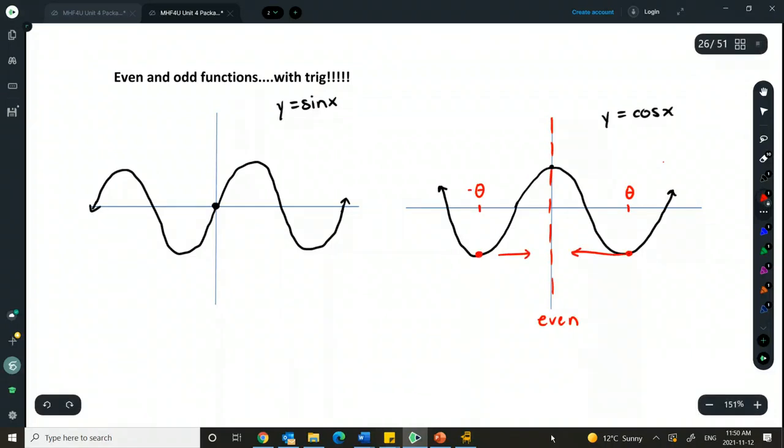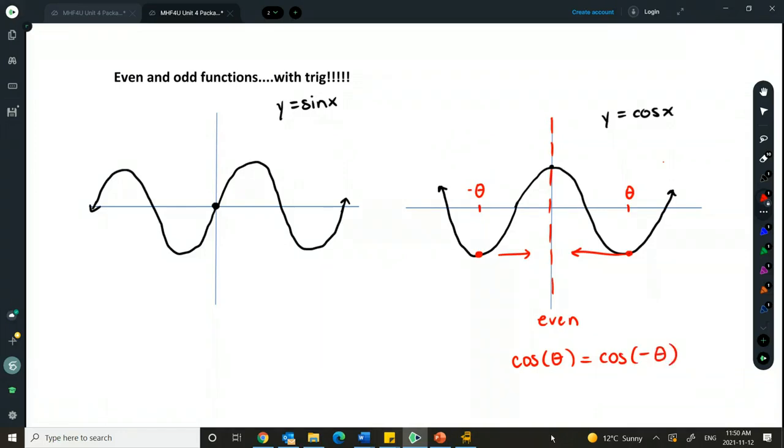So we can actually see that here. Basically the definition says that cos of theta is equal to cos of the negative version of that same theta. Let's say this would be pi, cos of pi and cos of negative pi give me the same value. You can test it on your calculator if you wanted to.